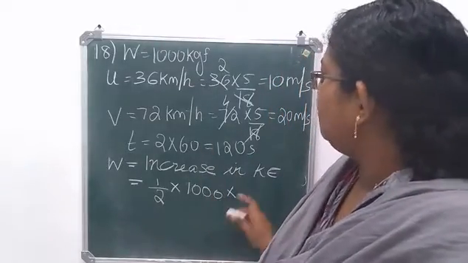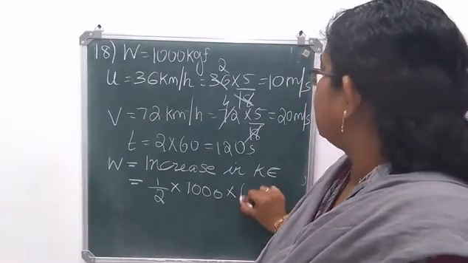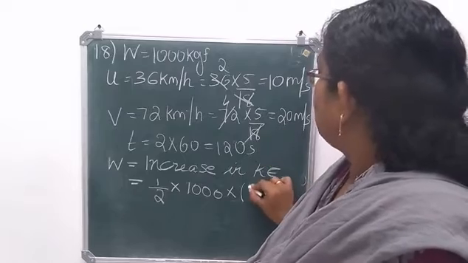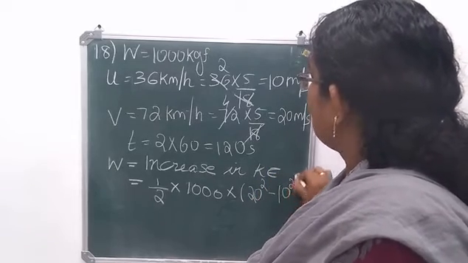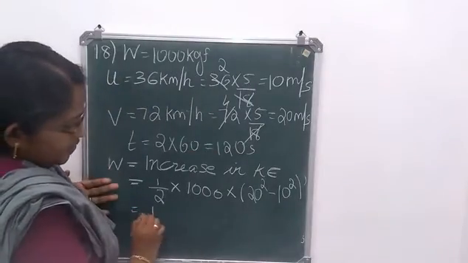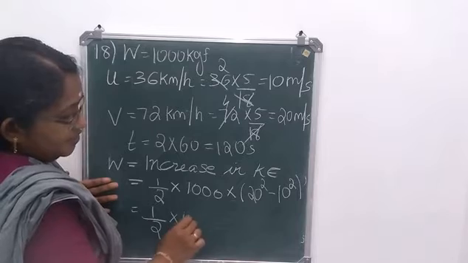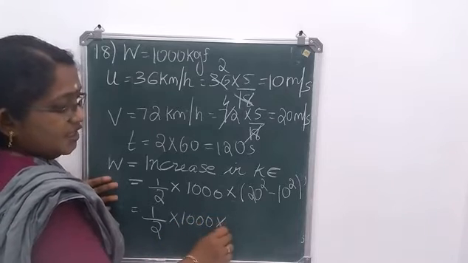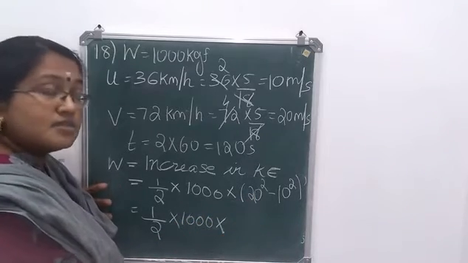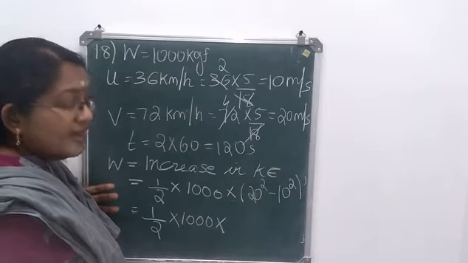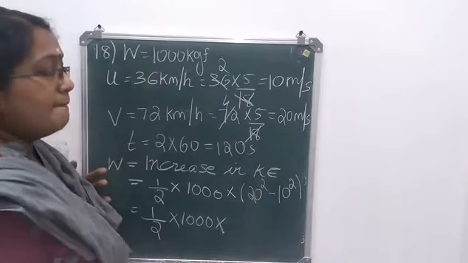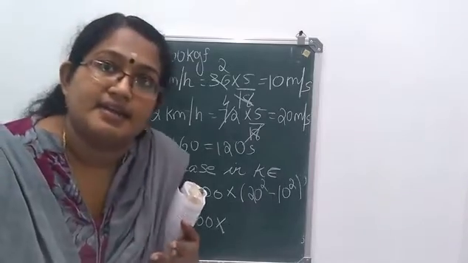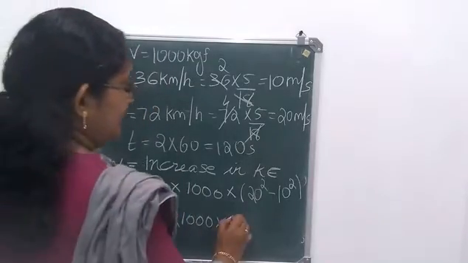Then V square, that is 20 square minus 10 square. So half into 1000 into, how much is 20 square? It is 400. 10 square is 100. 400 minus 100. So we are having 300 there.